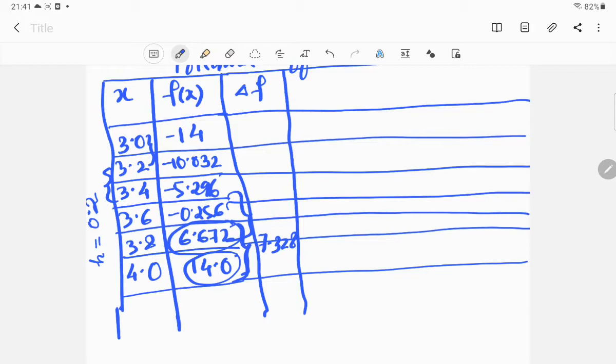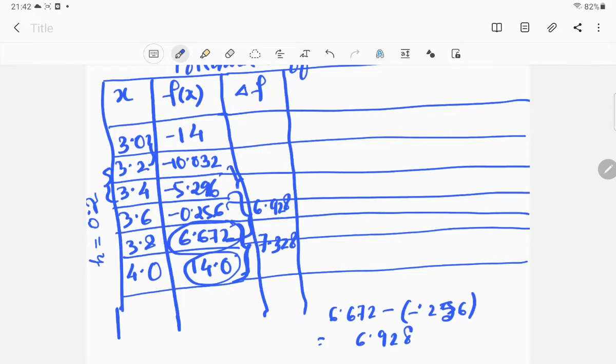Next, the difference between these two will be 6.928, simply 6.672 minus 2.256... sorry, 6.928.